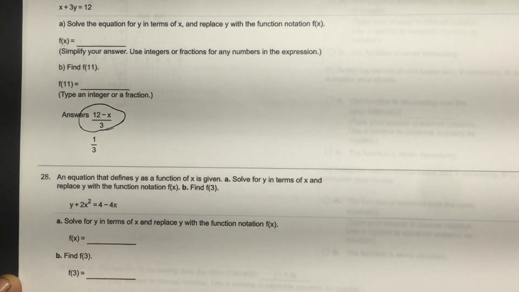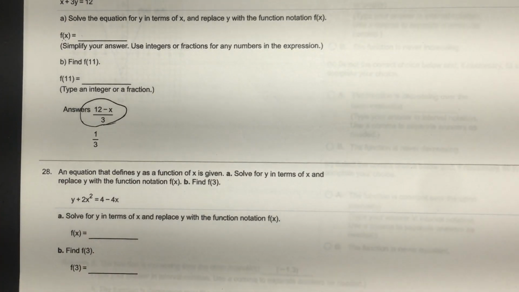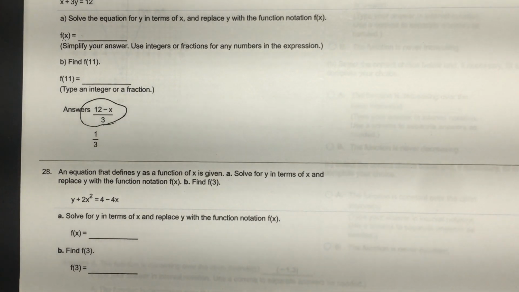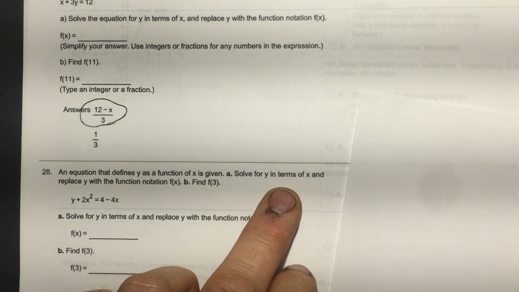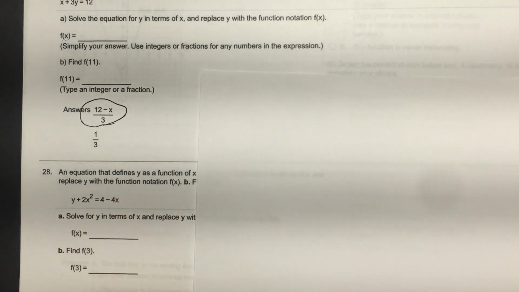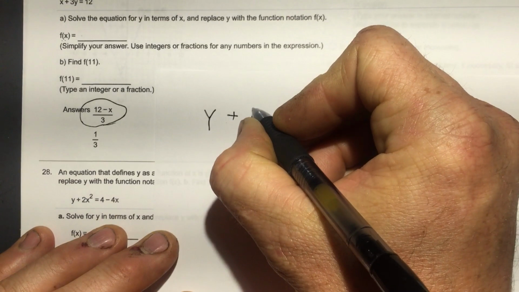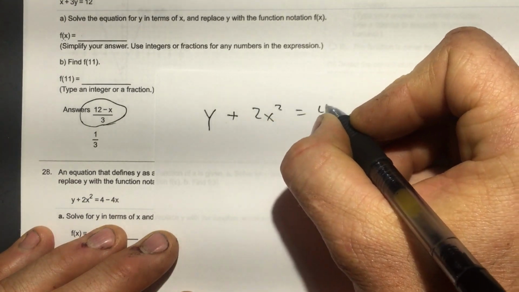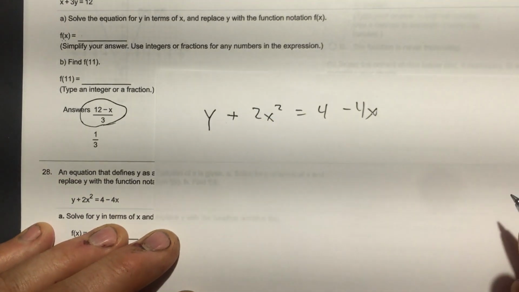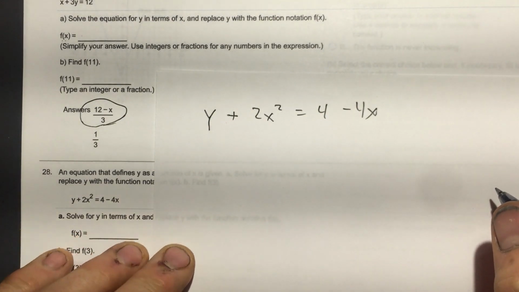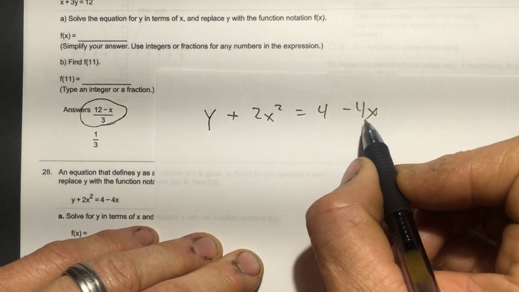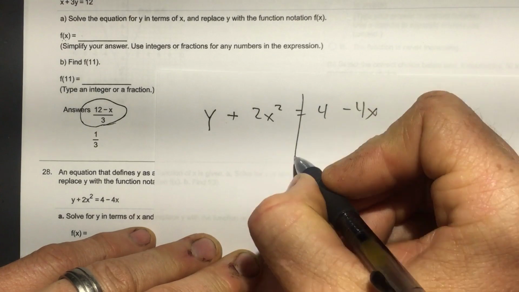All right, here's another one. It says, here's an equation. Solve for y in terms of x and replace y with the function notation f of x. So I have y plus 2x squared equals 4 minus 4x. I want to solve for y. Here's my only y, here's my equals.